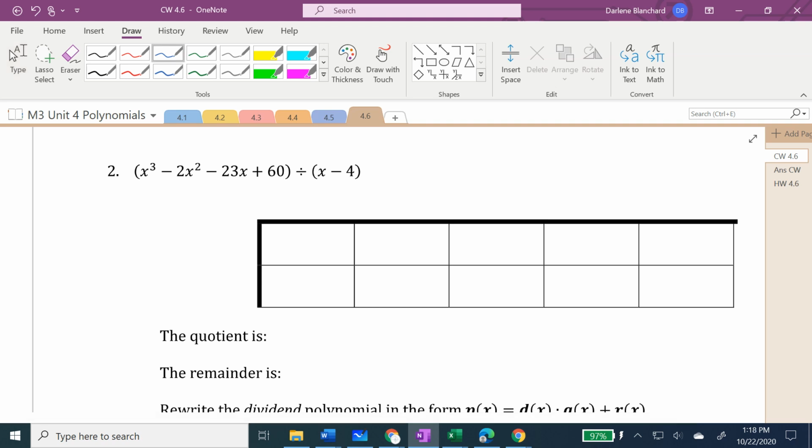All right, so here we go. Let's see if you've got this. I have a division. So I'm going to take what I'm dividing by. I'm dividing by x minus 4.